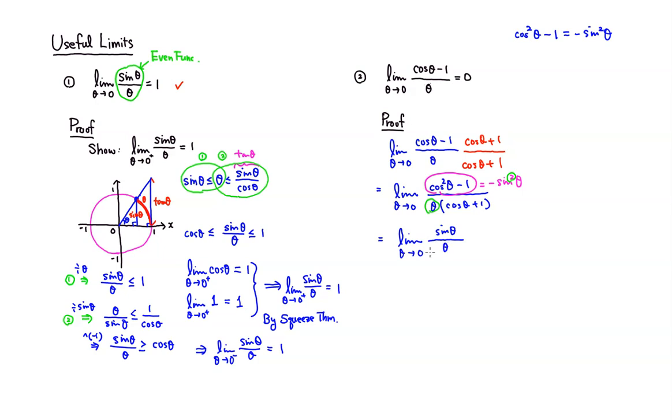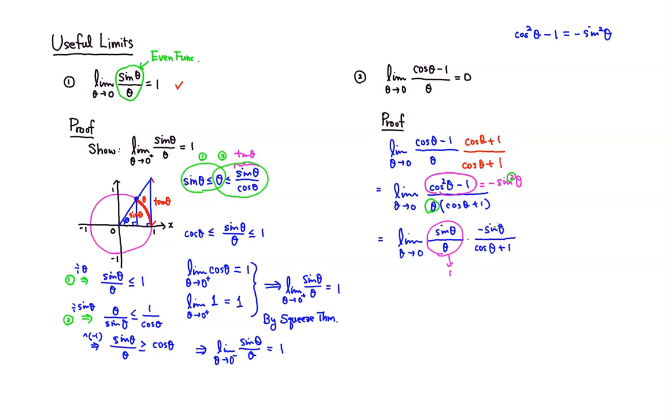What's left is a negative sine of theta over cosine of theta plus 1. From the first limit, we know that sine of theta over theta goes to 1.